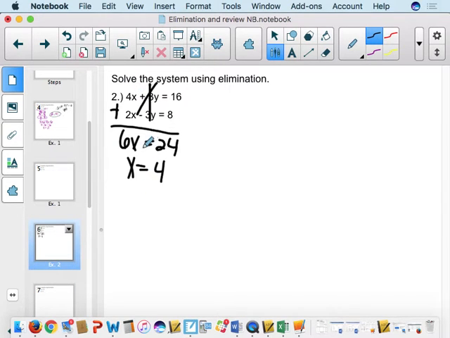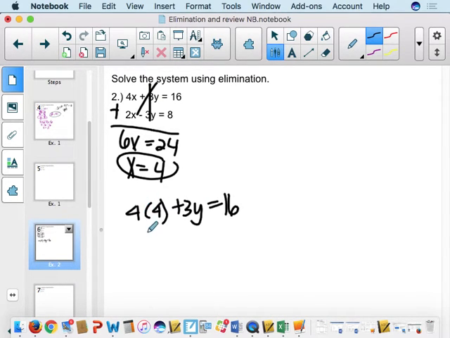So once we have our first answer, we're going to plug in either to the top or the bottom. Any preference? Top. So we're going to have 4 times 4, because we just got that answer for x. Does that say plus 3y since I crossed it out? Equals 16.